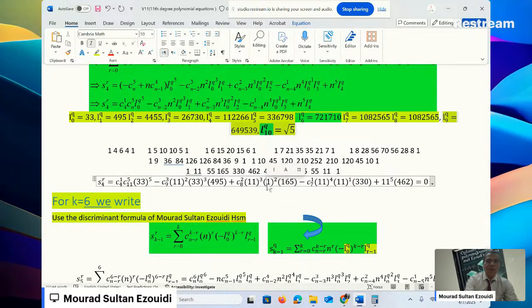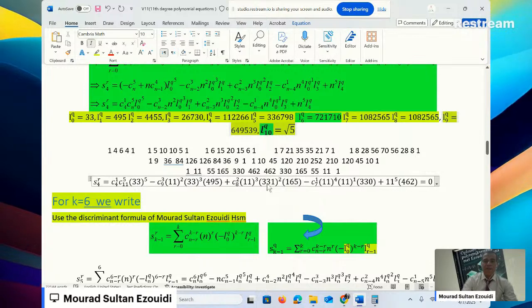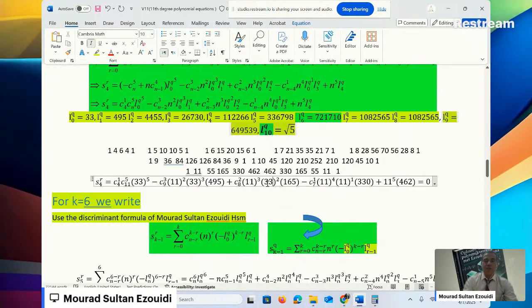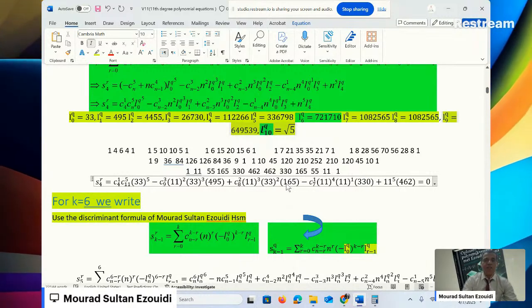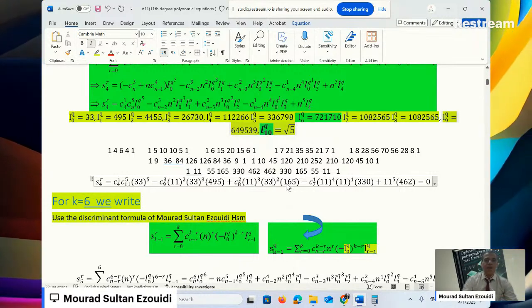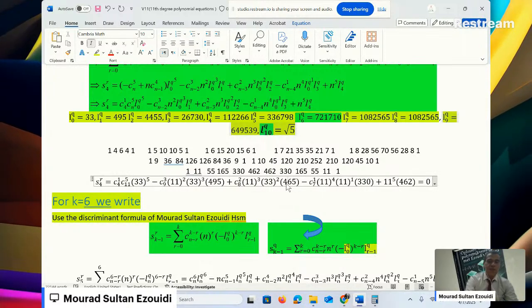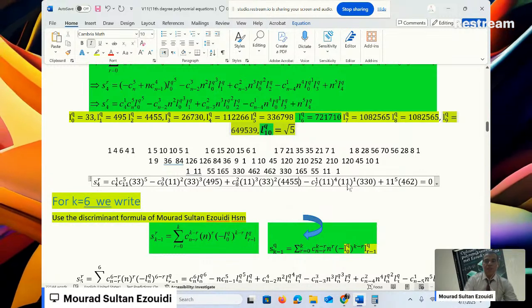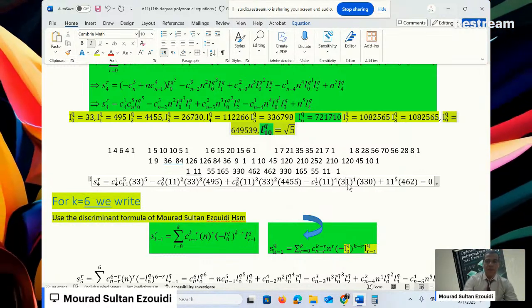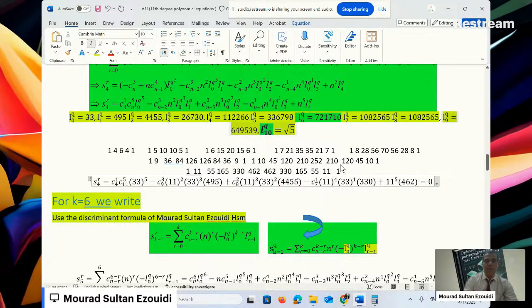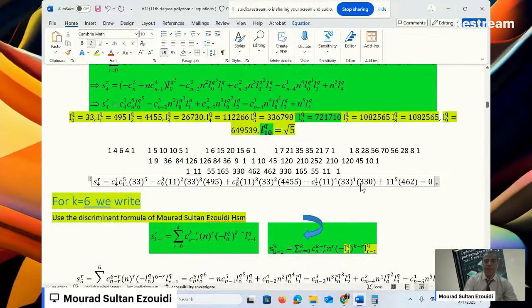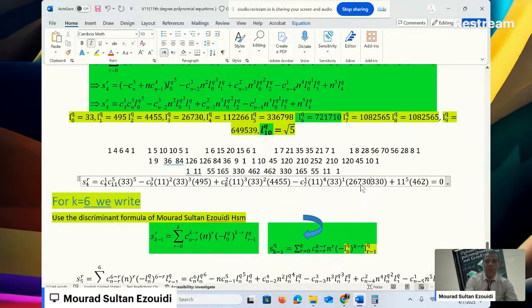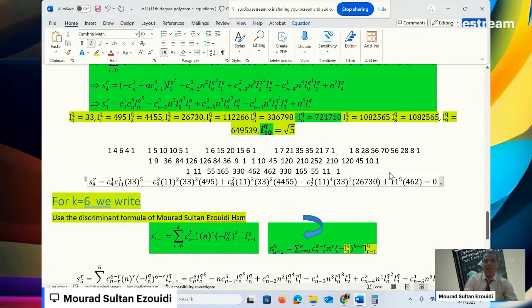It means I will use my formula and substitute L r minus 1 for Q with their values. This will be 4,455. Okay, this is 33. This one is 26,730.